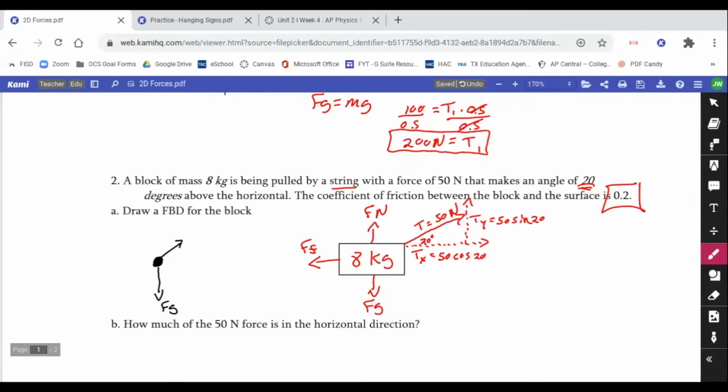It should be a little bit smaller than the force of gravity because it's 50 compared to 80. So this would be my tension. My force of friction might be something like this. And then my force normal. In this case, it's not going to be the same as the force of gravity because tension is helping it out. So I might draw it something like this.